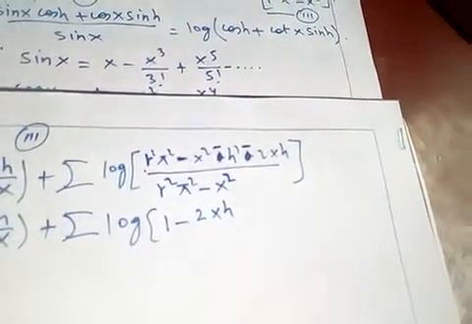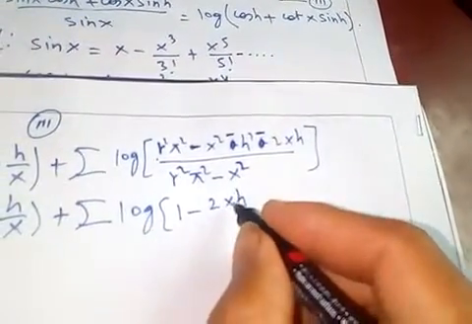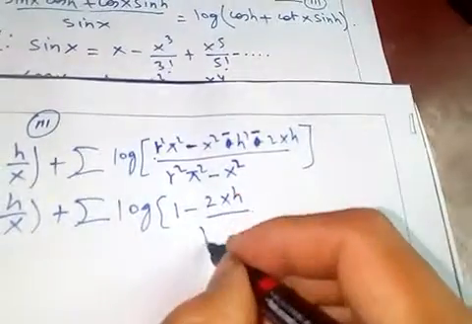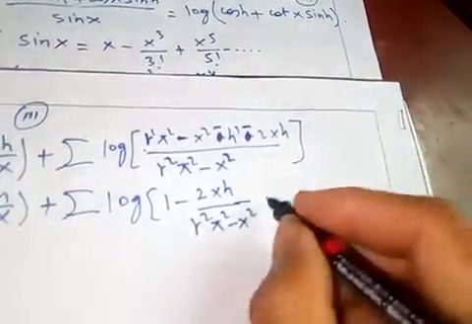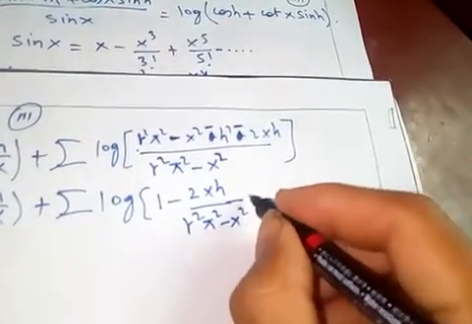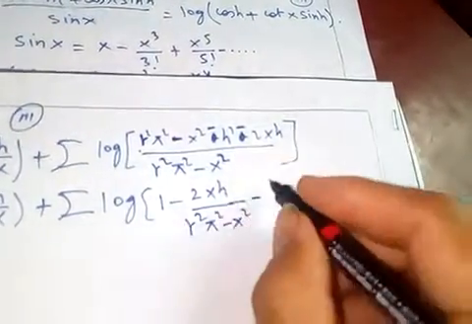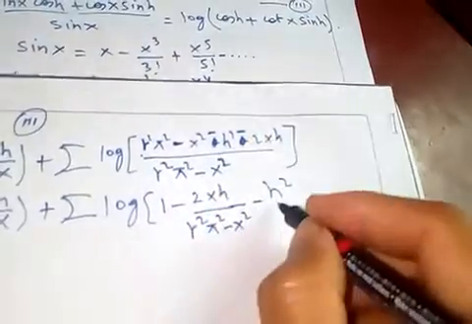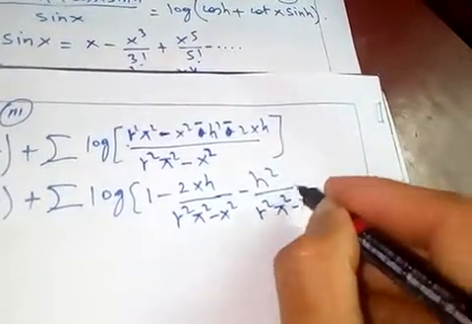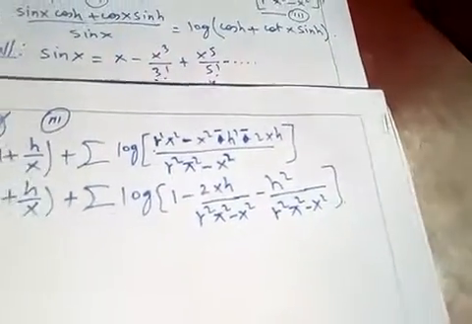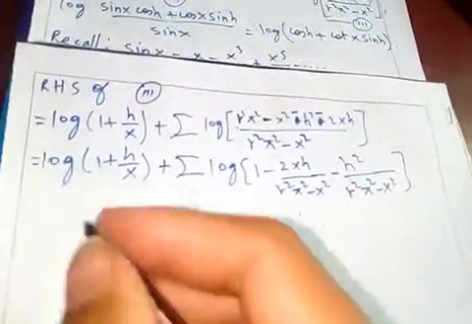So minus 2x h over r square pi square minus x square, minus h square over r square pi square minus x square. This is in the form of 1 minus.